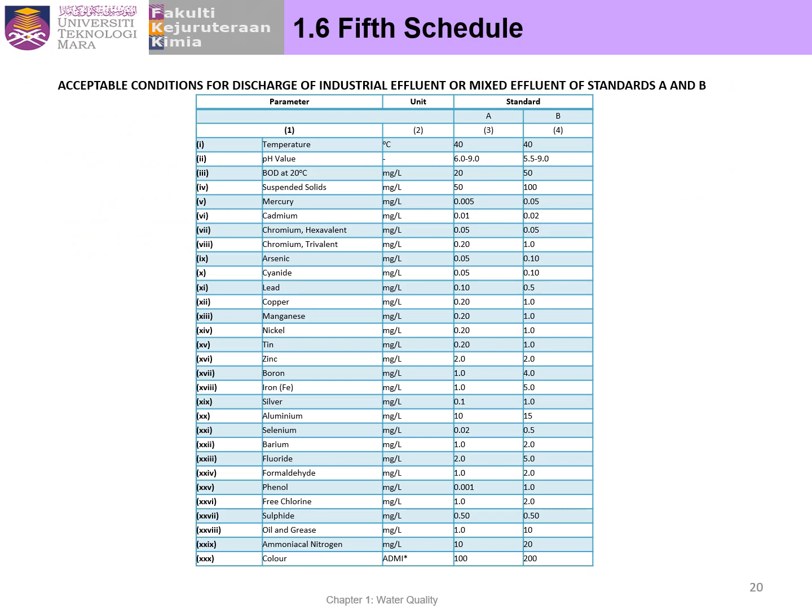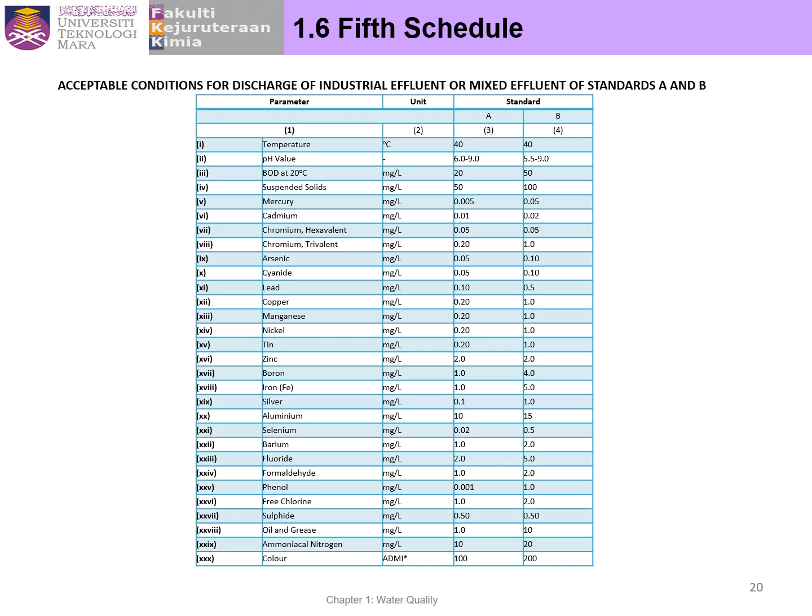And this is the fifth schedule. Remember at the beginning of our topic 1 in the first video, I talked about standard A and also standard B. I gave you the example of BOD and also oil and grease value. For BOD at 20 degrees C, I gave you 20 milligram per liter if you comply with standard A. But if you go for standard B, you can go up to 50 milligram per liter.